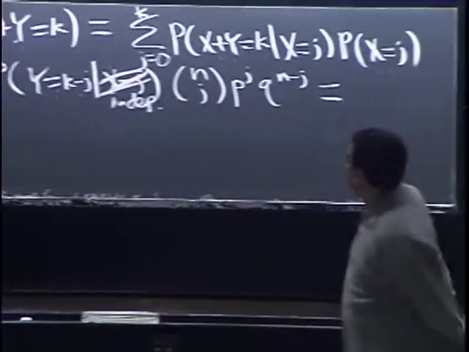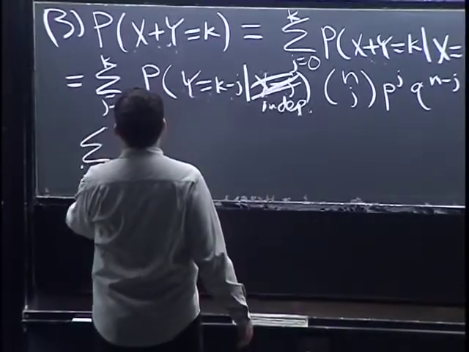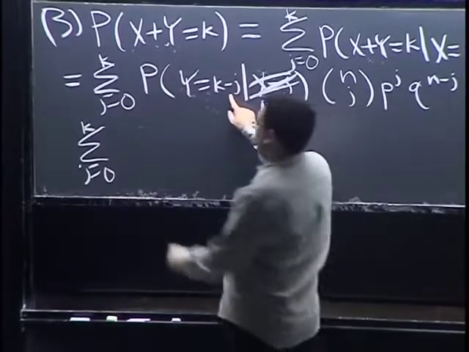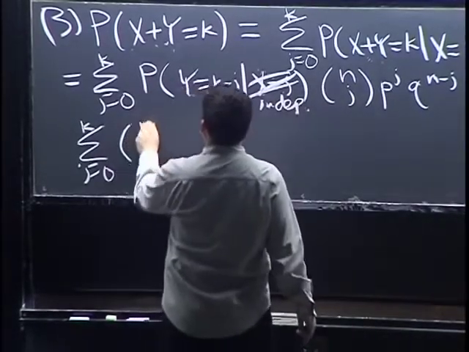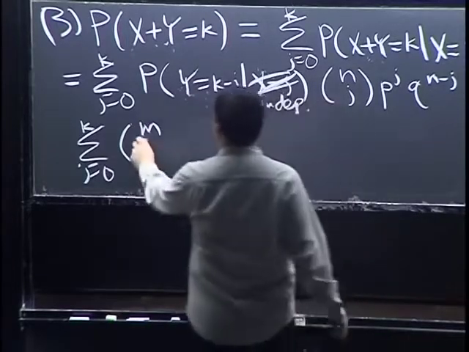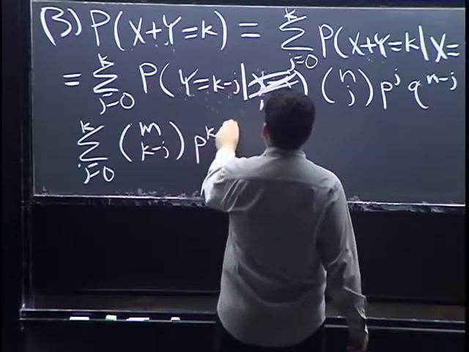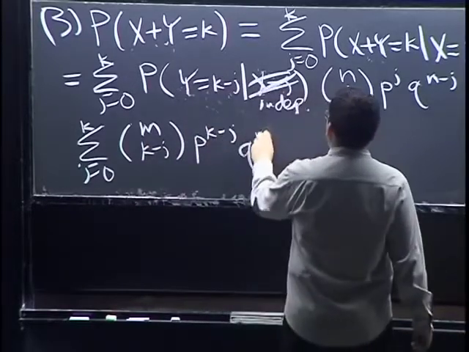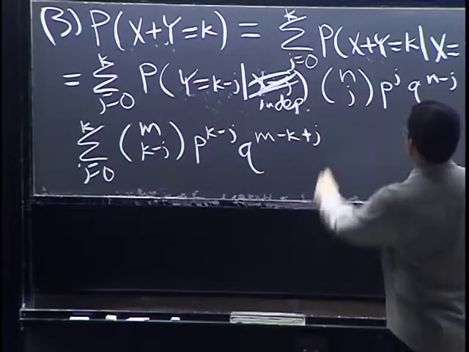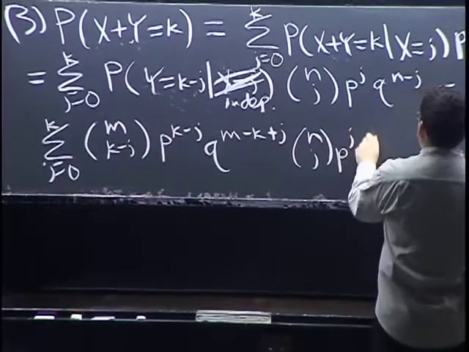Okay, so now this thing in front is just the binomial PMF again. Y equals k minus j. So that's just going to be m choose k minus j, since there were m trials for Y, p to the k minus j, q to the m minus k plus j, times the stuff we already had there, n choose j, p to the j, q to the n minus j.